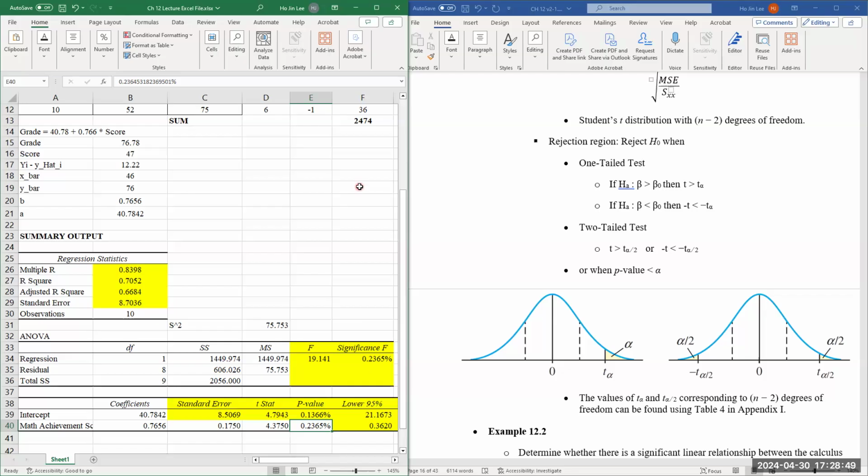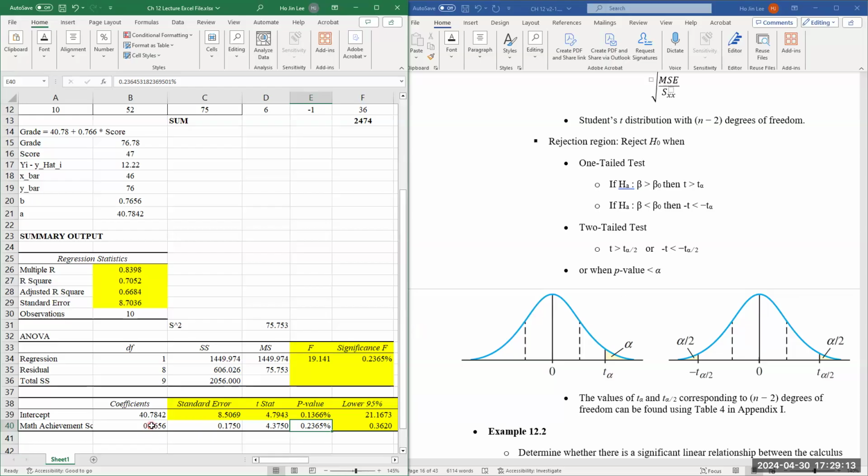Since the p-value is less than 1%, the most extreme alpha, we could reject the null hypothesis that beta, the population parameter, is equal to 0.